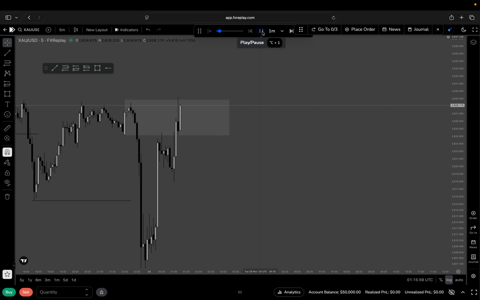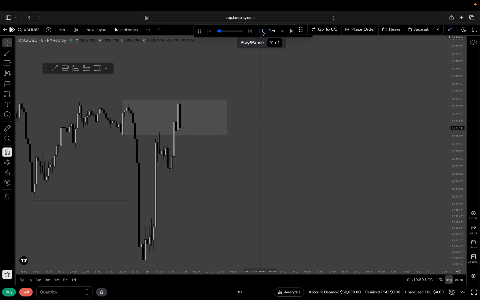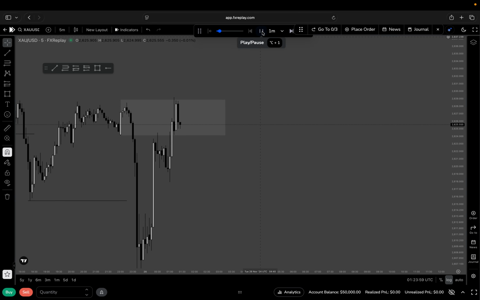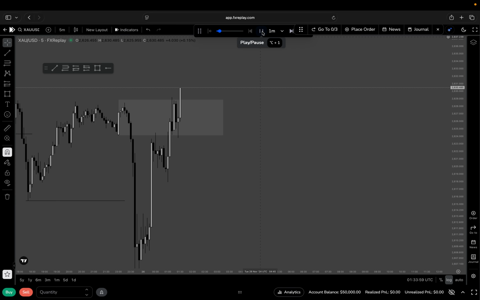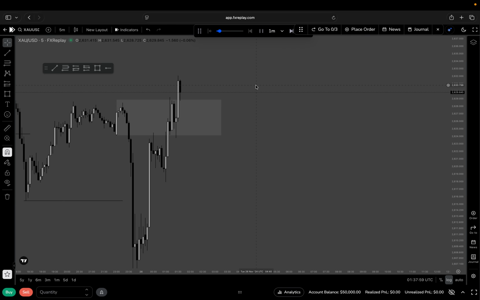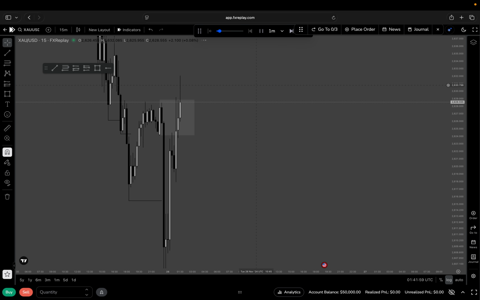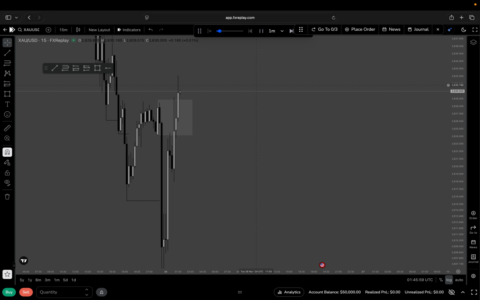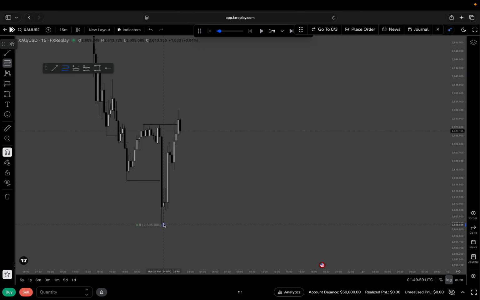Okay, get a sweep of those highs now. Okay. Okay, we get a break now. It's alright. Price breaks, it does this thing. Let's just see if we can get a pullback.